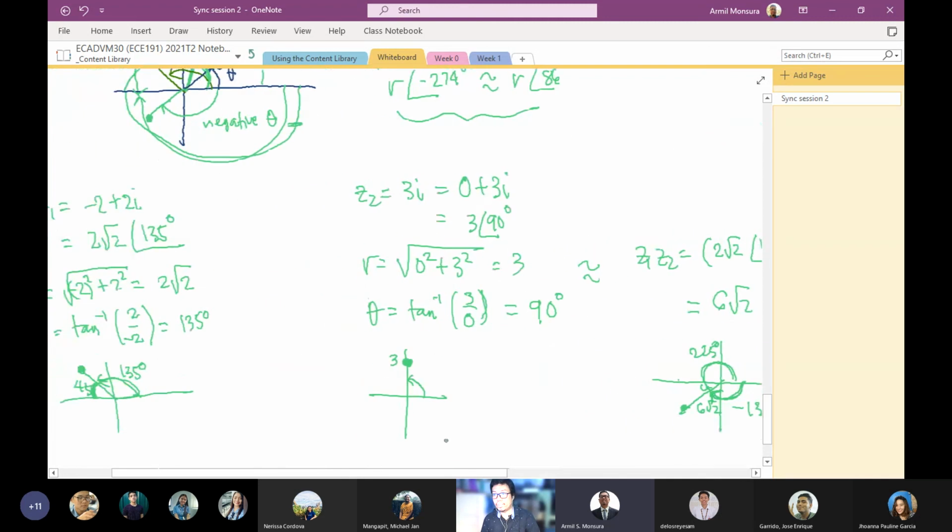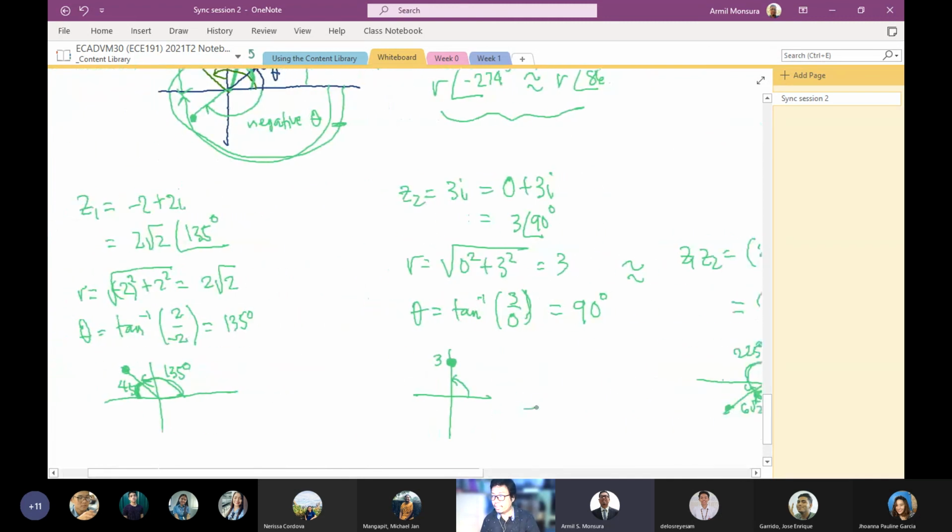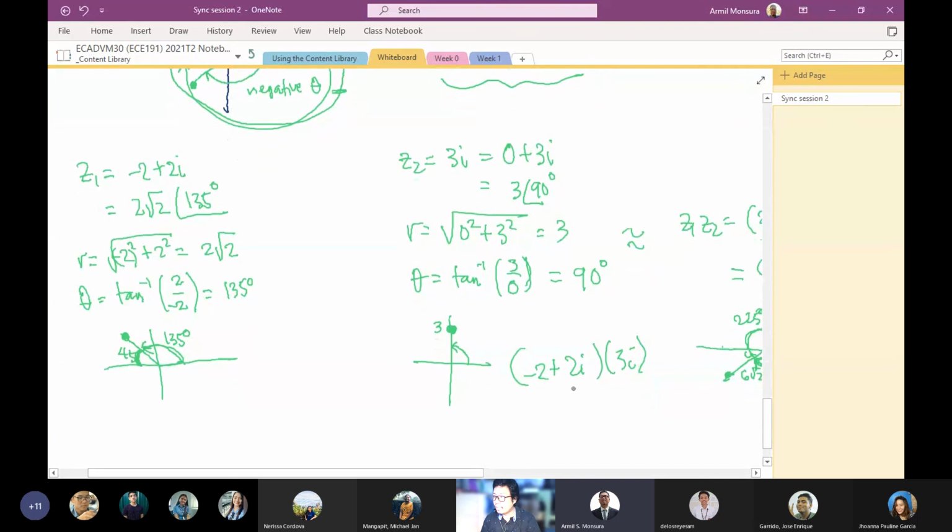Which, obviously, if you multiply negative 2 plus 2i times 3i, that's basically negative 6. Right? Negative 6, that's 2 times 3 times negative 1, or 2 times 3 times i squared.